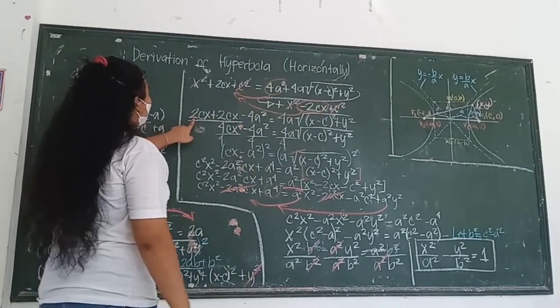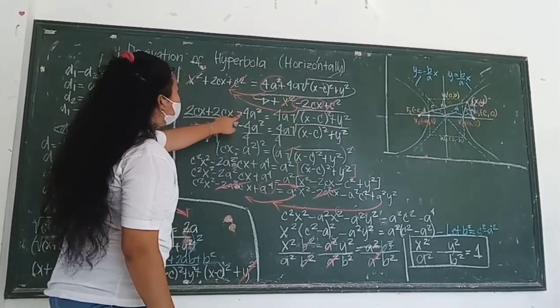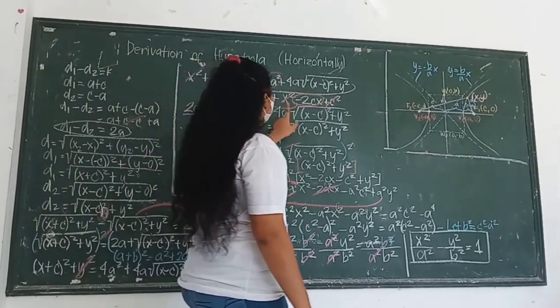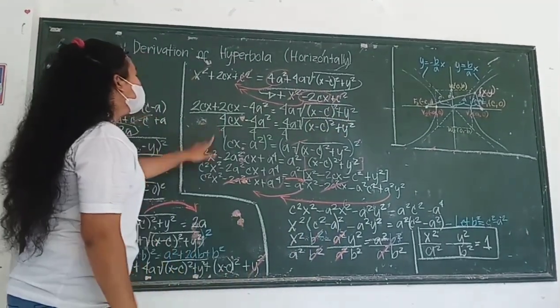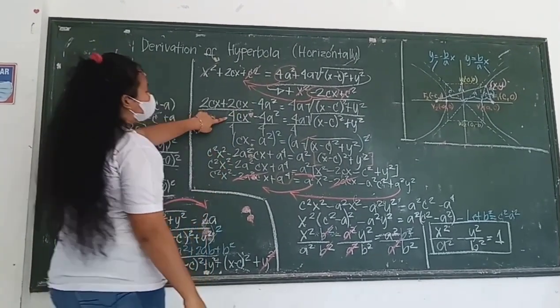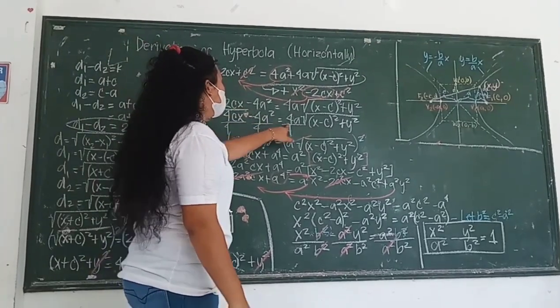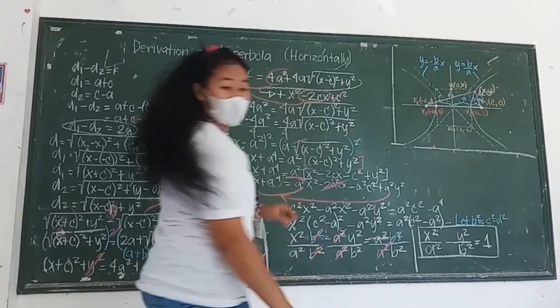So what we're going to do is transpose these two to the other side. That will be 2cx plus, because this is the negative one, 2cx minus 4a squared plus 4a square root of the quantity x minus c squared plus y squared. I have combined these terms, so that is 4cx minus 4a squared is equal to 4a square root of x minus c squared plus y squared.